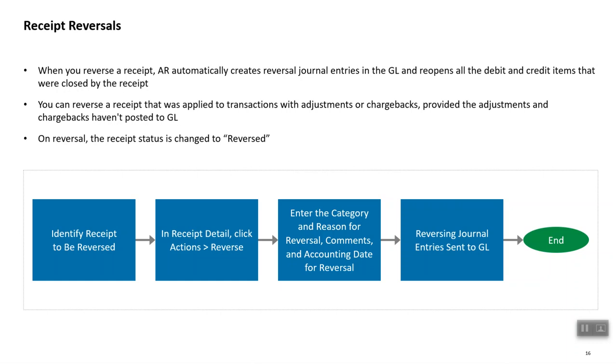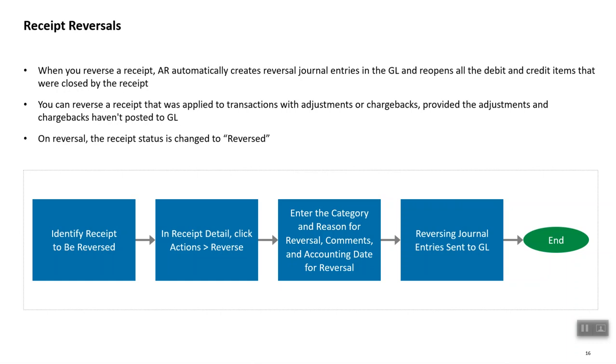So all your credit and debit transactions would get reversed. And if you had applied a particular transaction onto a receipt, that would also get reversed. And the status of that receipt would also change to reversed.